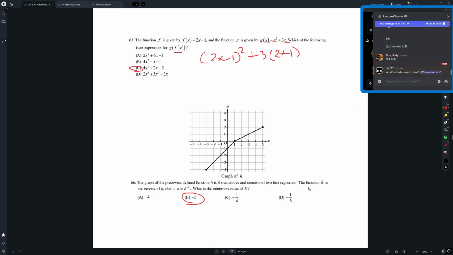For 66, it says the function k is an inverse of h, what is the minimum value of k? A faster way of doing this is to look at the leftmost x value. That is pretty much the fastest way, because if you flip it, then this would be your highest y value, and this would be your lowest y value after you flip it.